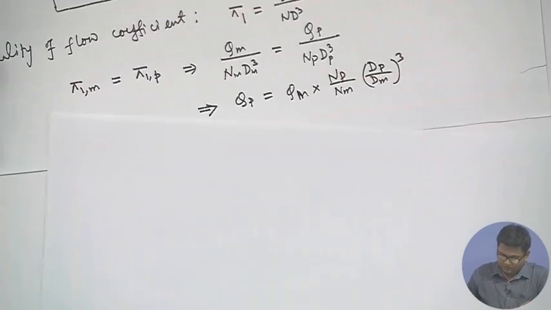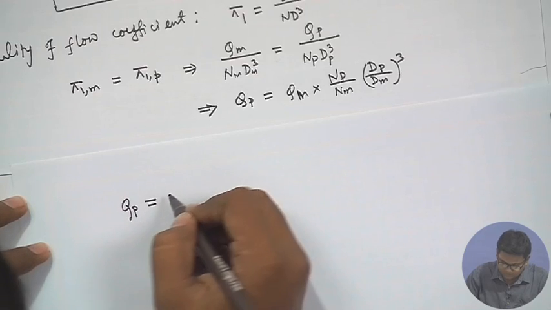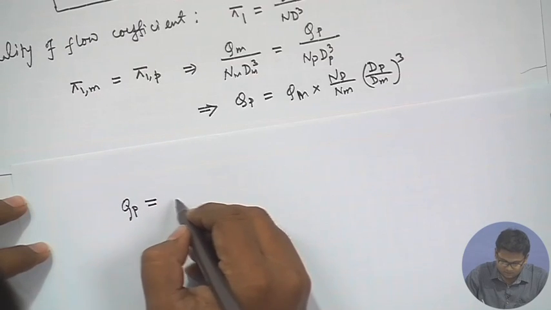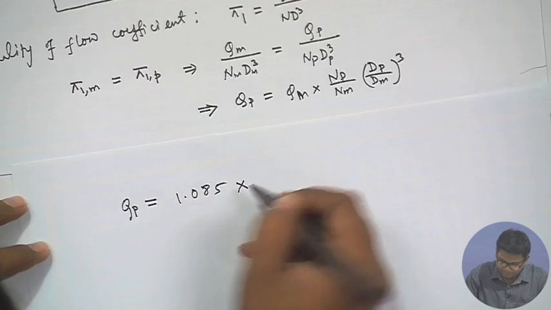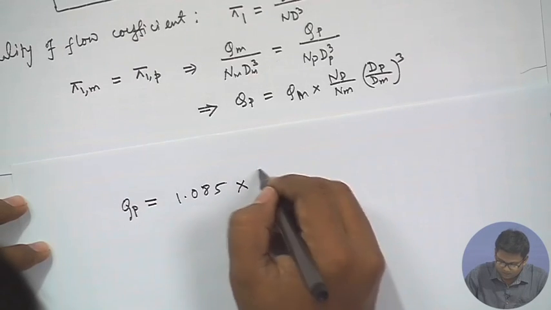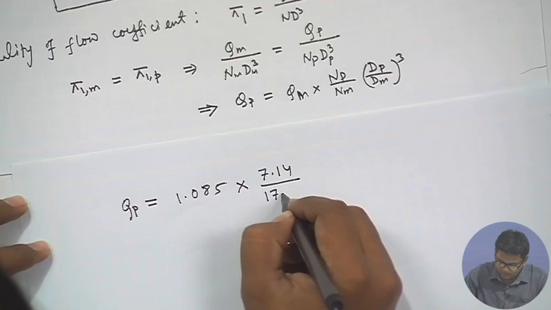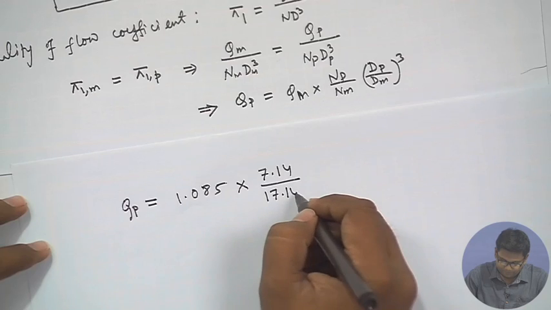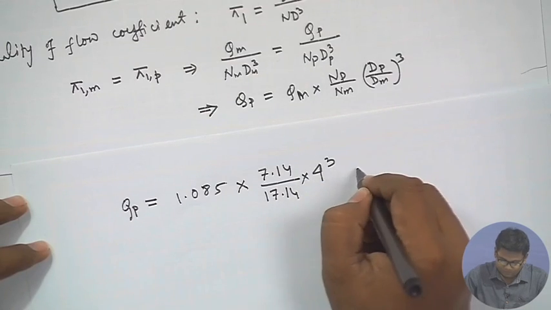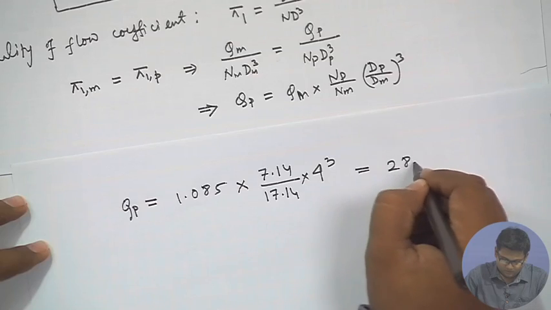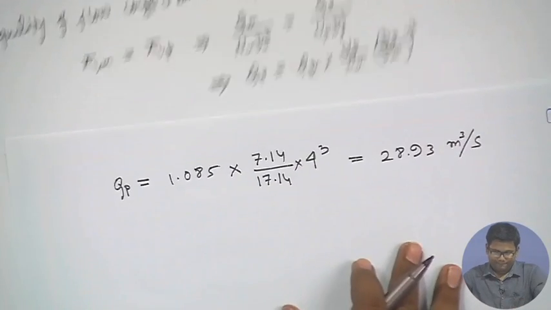Now substituting different quantities, we can obtain Qp: Qm is given as 1.085 meter cubed per second, Np is given as 7.14, Nm is obtained as 17.14 and Dp by Dm is 4. So this cubed, this will be 28.93 meter cubed per second.